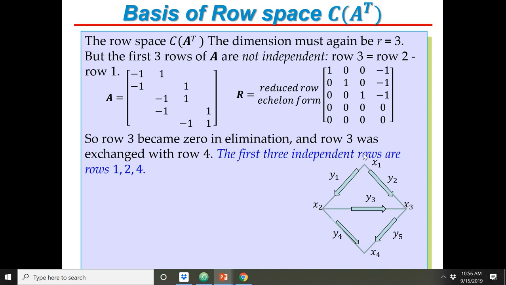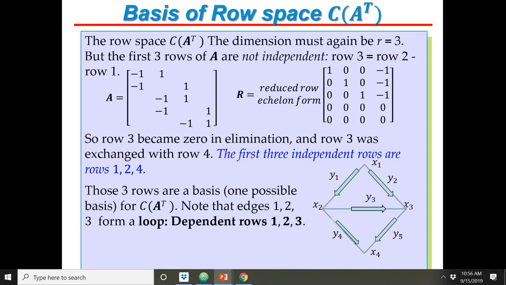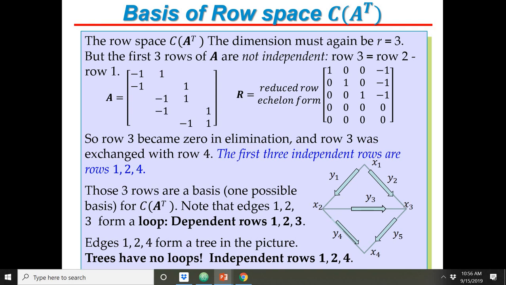If you look at the currents 1, 2, and 4, they form a tree. So you can associate independent rows with trees in the graph. So we can immediately put a statement down and say that if these rows form a loop, they are dependent. If they form a tree, basically they're independent. And you can think of rows again as corresponding to the currents, as you see on the graph that I showed on the right.